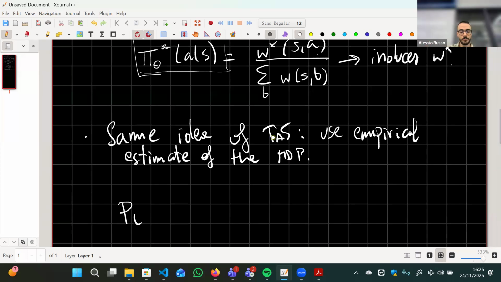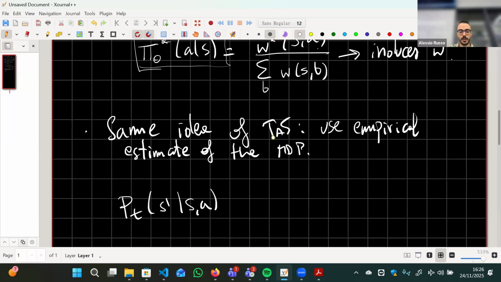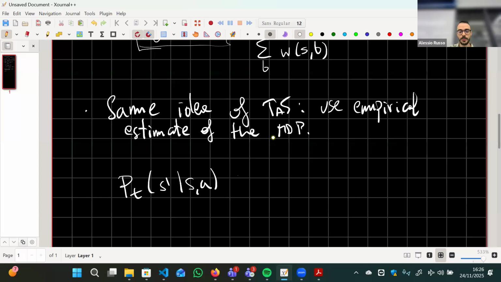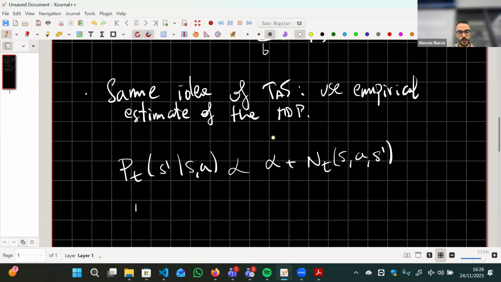And we can use the maximum likelihood estimator, but in general, a simpler alternative is just to take a transition function that is proportional to this term here, alpha plus N_t(s, a, s'), where N_t(s, a, s') is the number of times I visited this triplet.